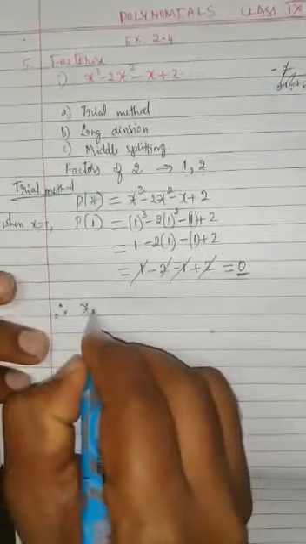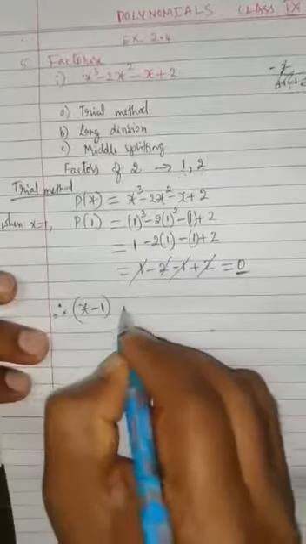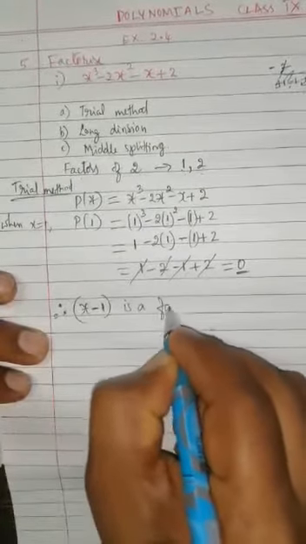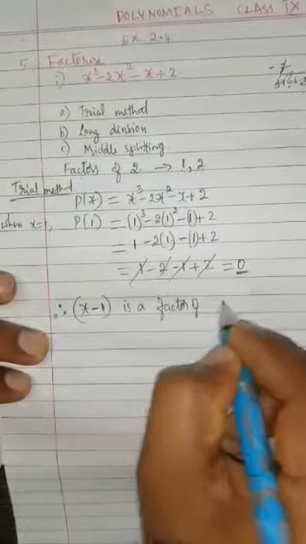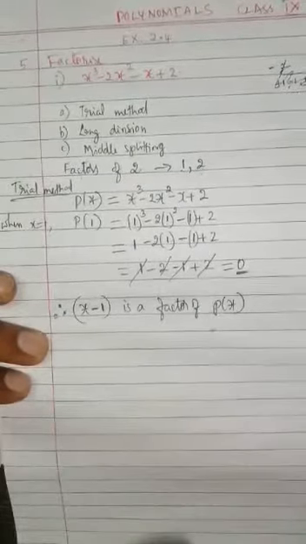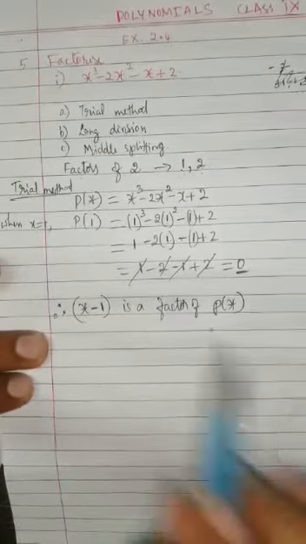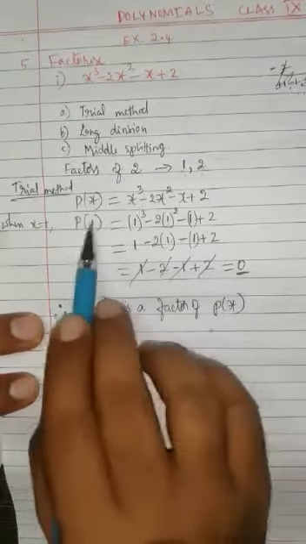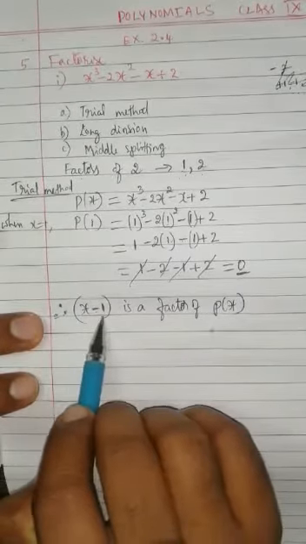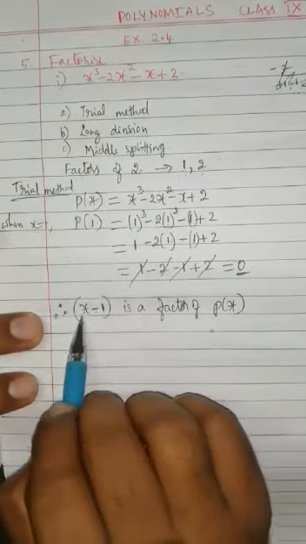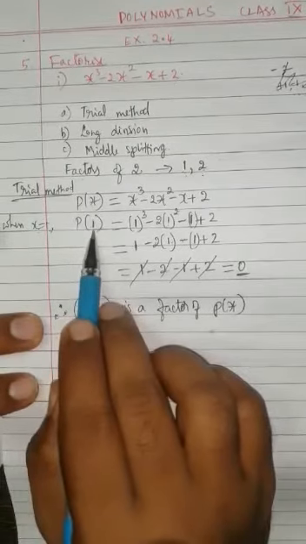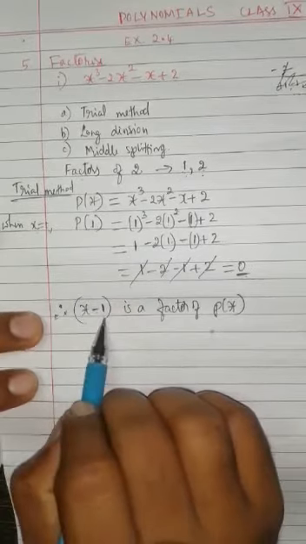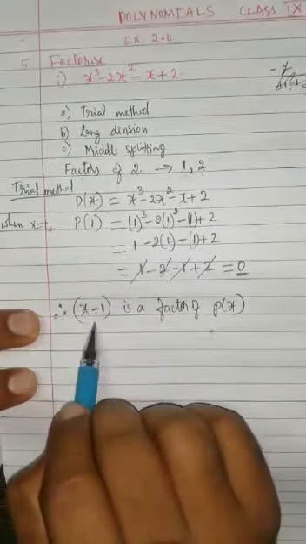So x minus 1 is a factor of p of x. Suppose it comes as minus 1, we have substituted minus 1 and 0 has come, then we have to take it as x plus 1, or if it is 2, x minus 2. If it is minus 2, then it's x plus 2. Opposite sign we have to take, that's it.